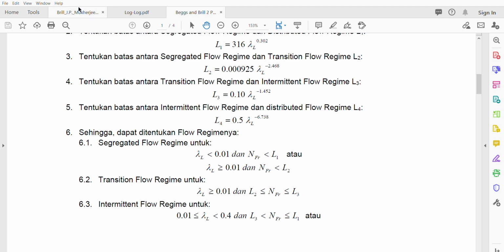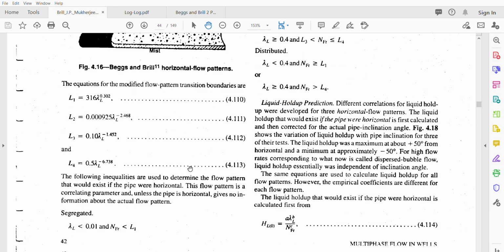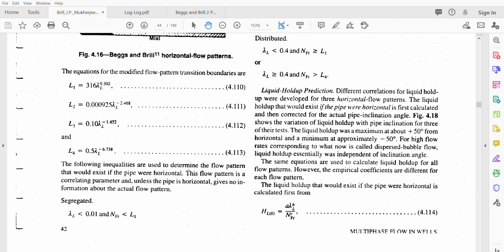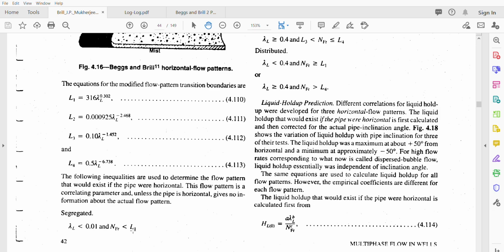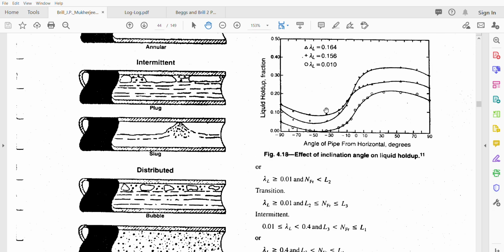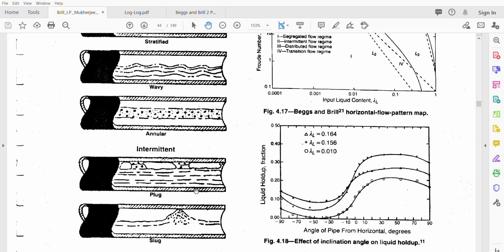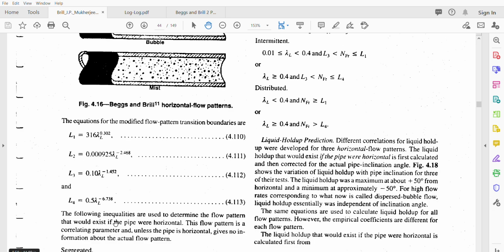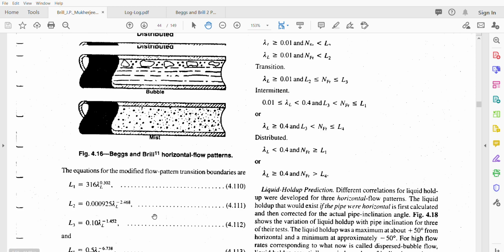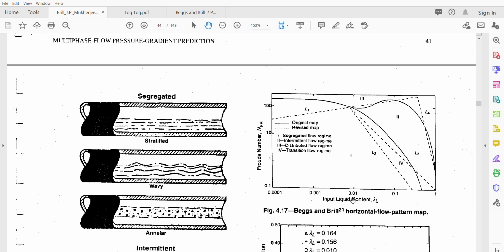Let's go back to here. Lambda L has to be below 0.01 and NFR lower than L1. So it is below L1, and lambda L has to be below L1.